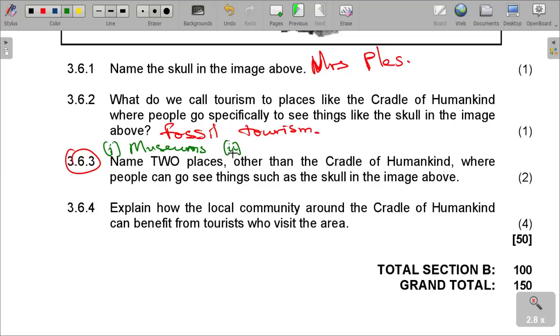Two, we can talk about also the West Coast Fossil Park.